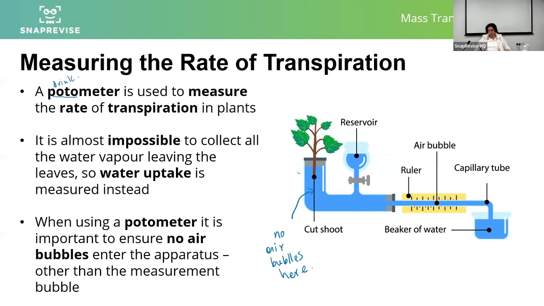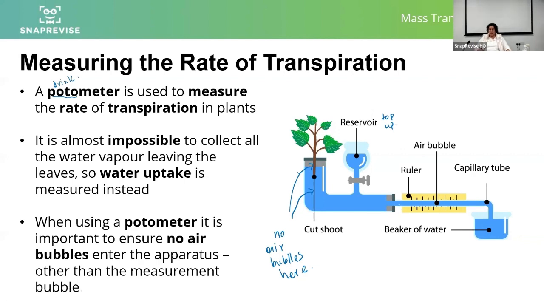We also cut the shoot underwater so that no air bubbles enter the xylem vessels here, because again, it's important that we have a single column of water going up the xylem. We have here a reservoir, which is just used to top up water so that we can repeat the experiment many times.